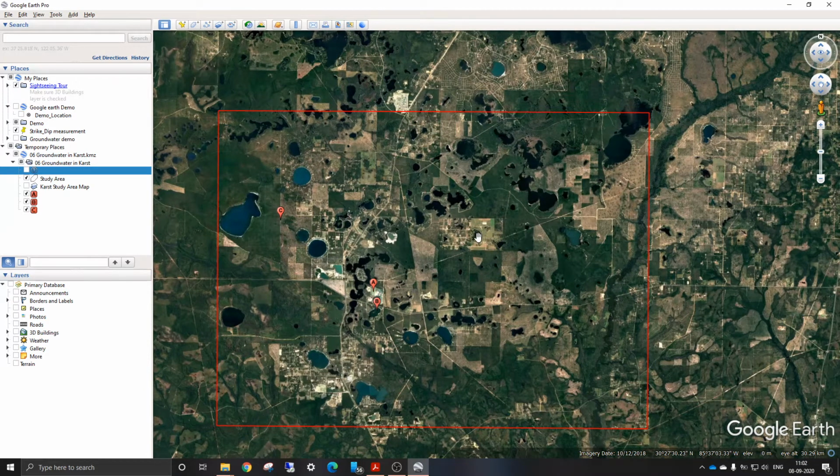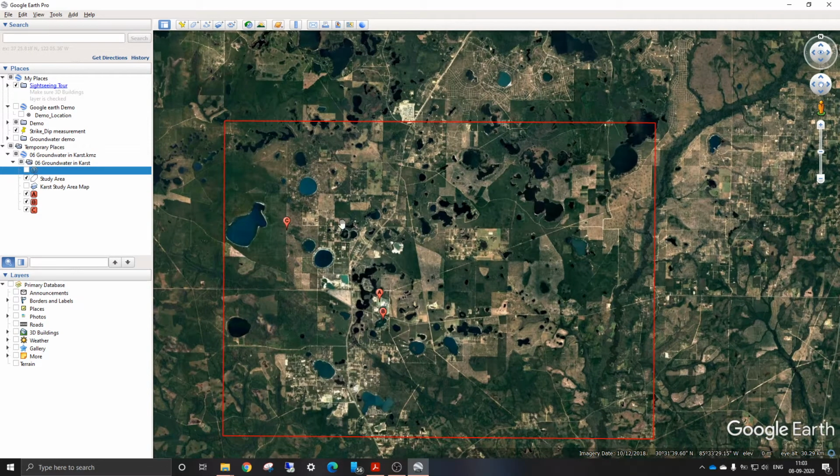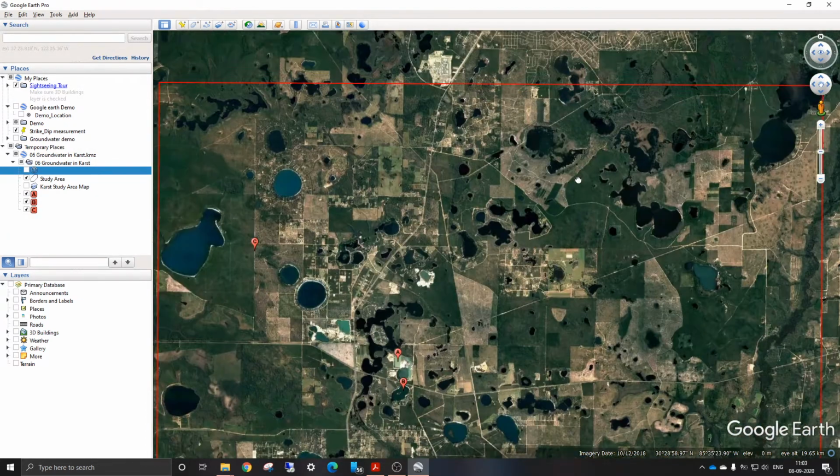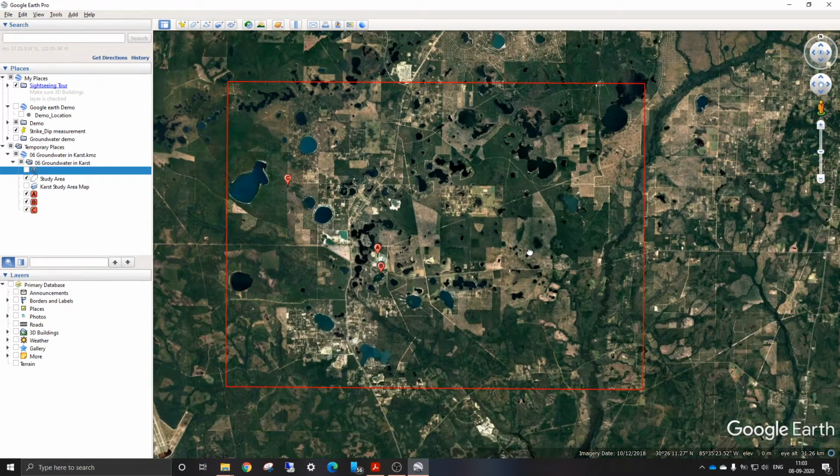So basically, we know through remote sensing we are able to analyze some surface features. But groundwater table is a subsurface feature. So how can we analyze that using Google Earth? This is a special scenario, because when the sinkhole forms, it provides us a window to the underground water table.